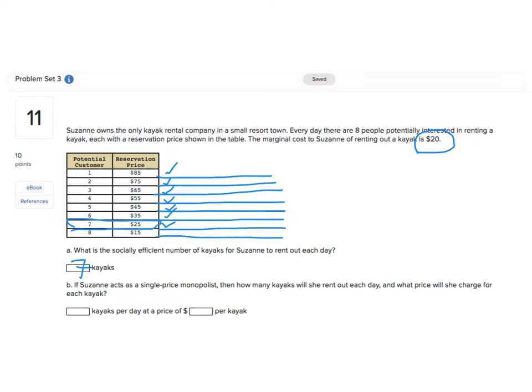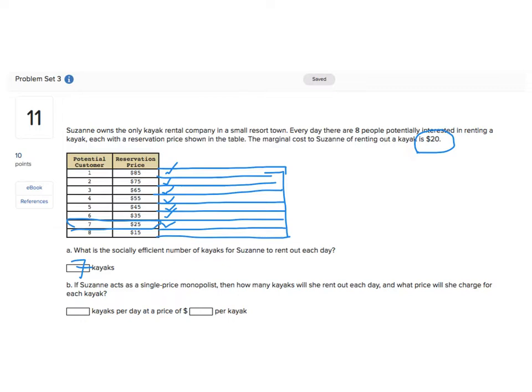What we'd like to do, remember, is to invoke that rule where the monopolist maximizes profits by setting output to where marginal revenue and marginal cost are just equal. Or another way to say that, every kayak rental that produces marginal revenue greater than marginal cost should be rented from Suzanne's profit maximizing point of view.